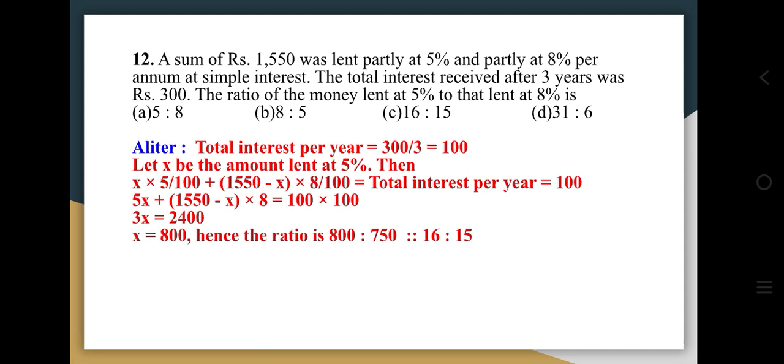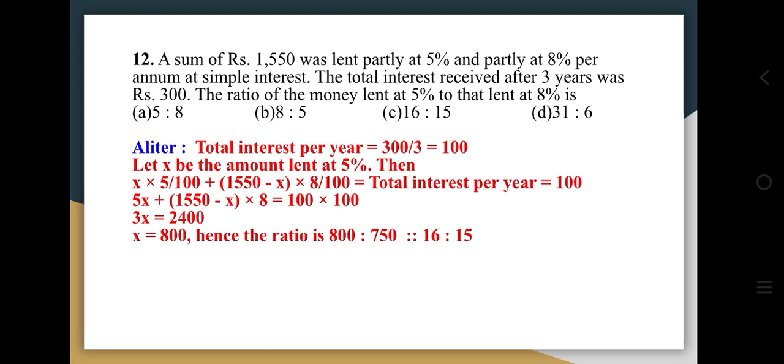So the sum lent at 5% is a multiple of 5 and the sum lent at 8% is a multiple of 8.